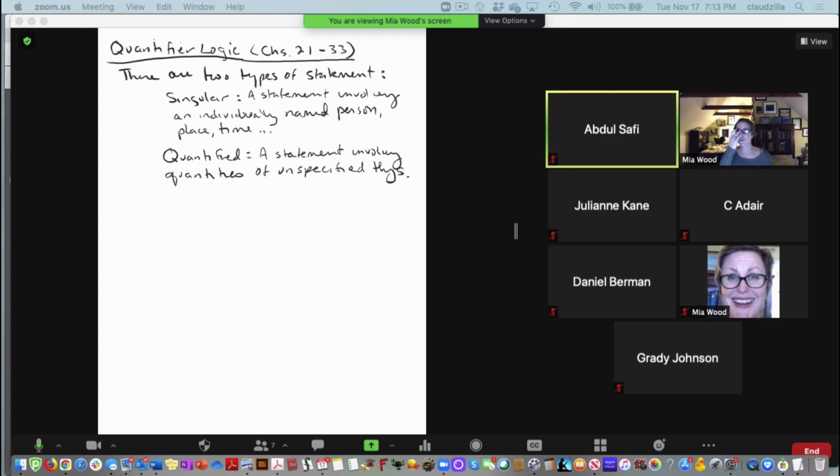So last week, I used the following example. It was Walter last week. It'll be Stewie this week, right? So singular sentence: Stewie is sleeping, right? Here's the quantified statement.